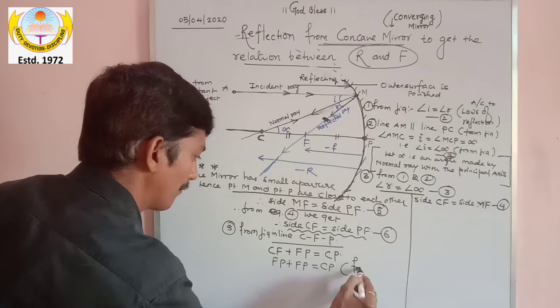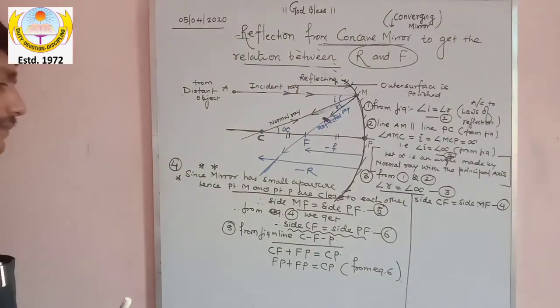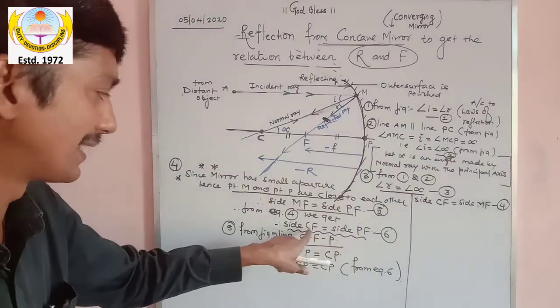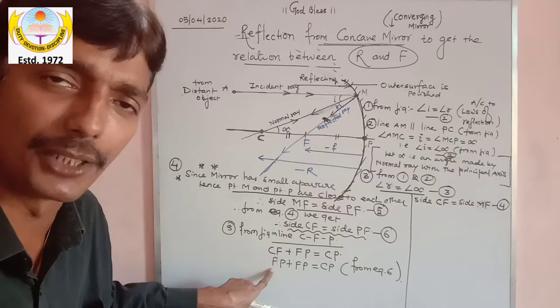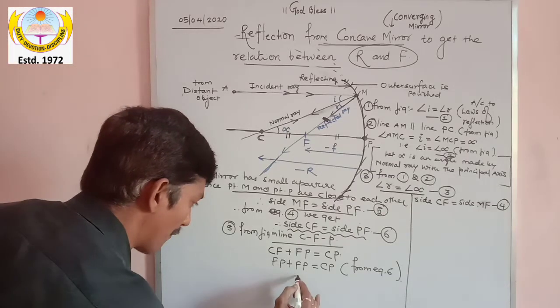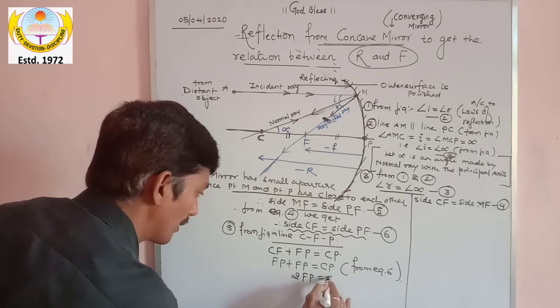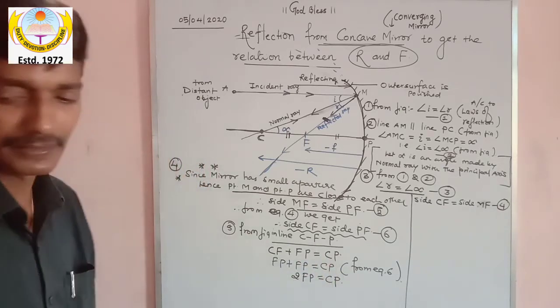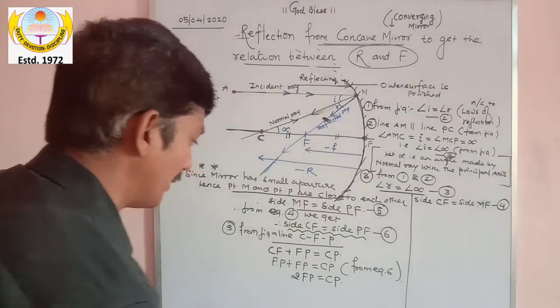And here I am writing from equation 6, I have written CF and PF are equal, so in place of CF I have written FP, because I told you either I say PF, either I say FP, no issues. So this is 2FP is equal to CP. You can see this is 2FP is equal to CP.